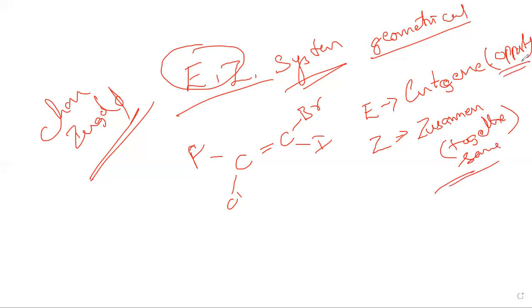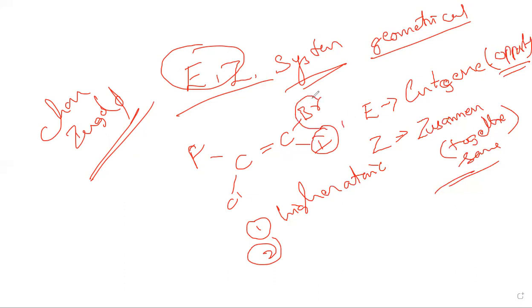To write the E and Z notation, the atom with the higher atomic number gets more priority. For example, fluorine, bromine, iodine: iodine has the greater atomic mass, so it gets first priority, then bromine, then chlorine, and then fluorine. Priority goes in this manner.